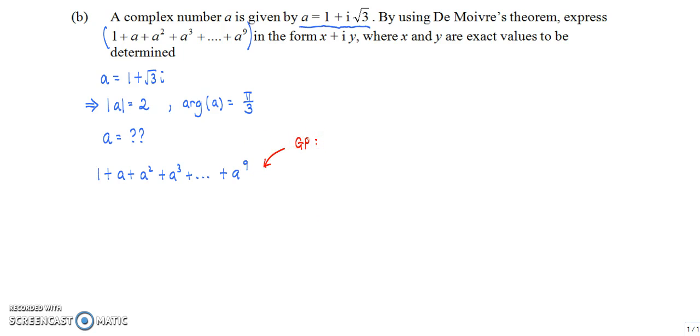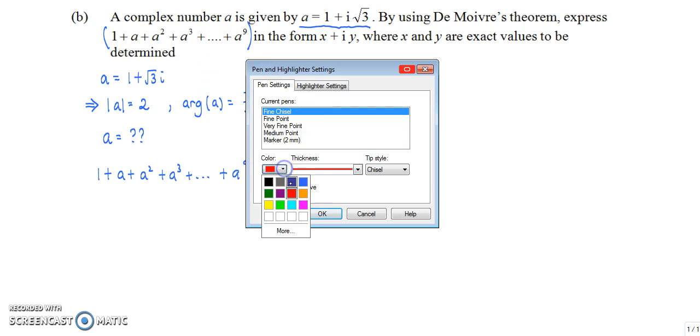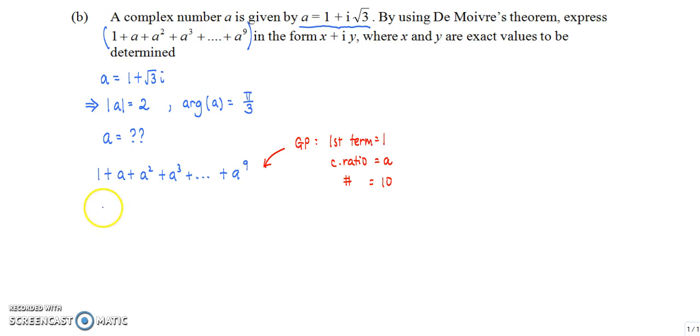The first term is 1, the common ratio is a, and the total number of terms is 10. So we apply the formula for GP and simplify the summation of these 10 terms to become the first term 1 minus r, which is a to the power of 10, over 1 minus a.